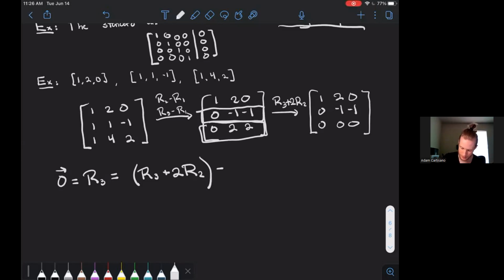But in terms of the original rows, how did we get each of these two rows?